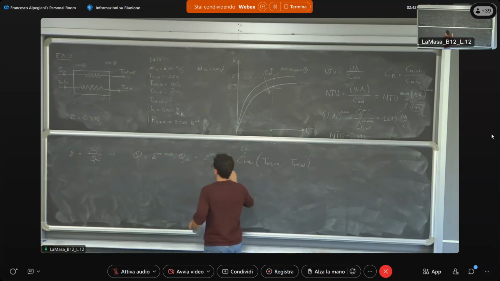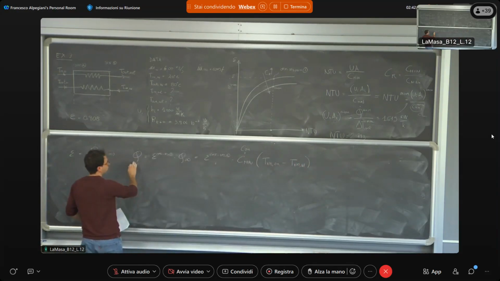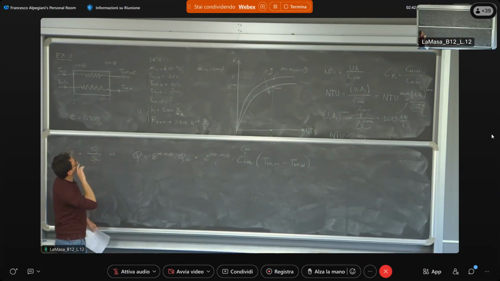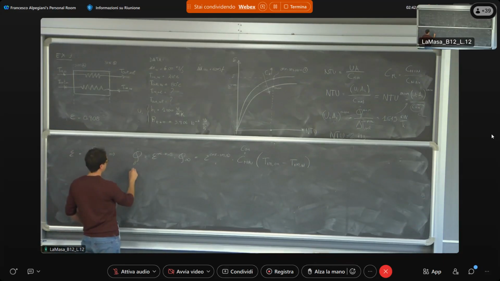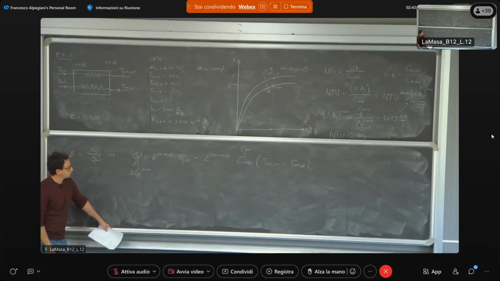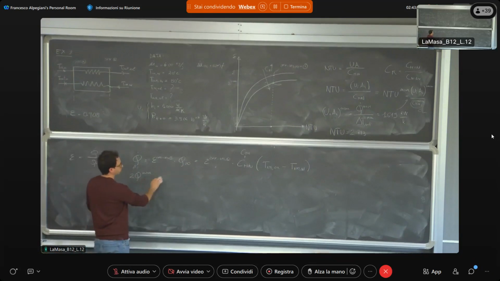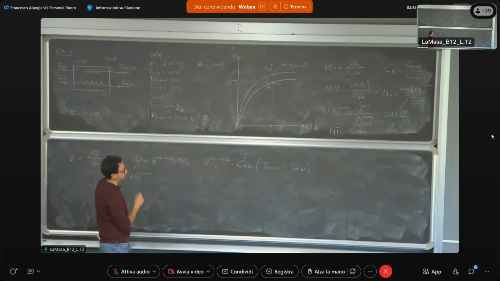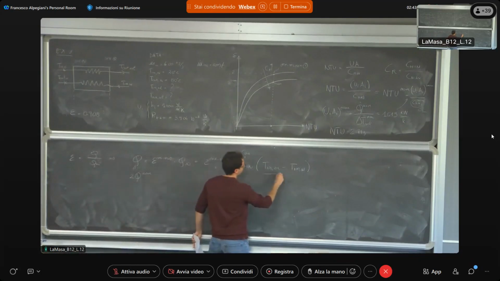So Q, we have evaluated before, that is 2 times the nominal one, because the mass flow rate of water doubled. So what remains as unknown in this equation is the temperature at the inlet of the oil.